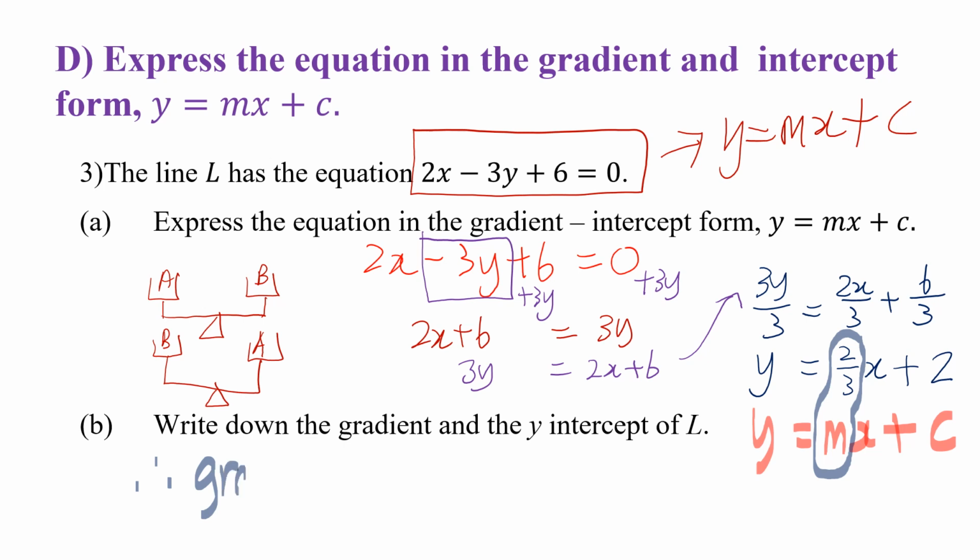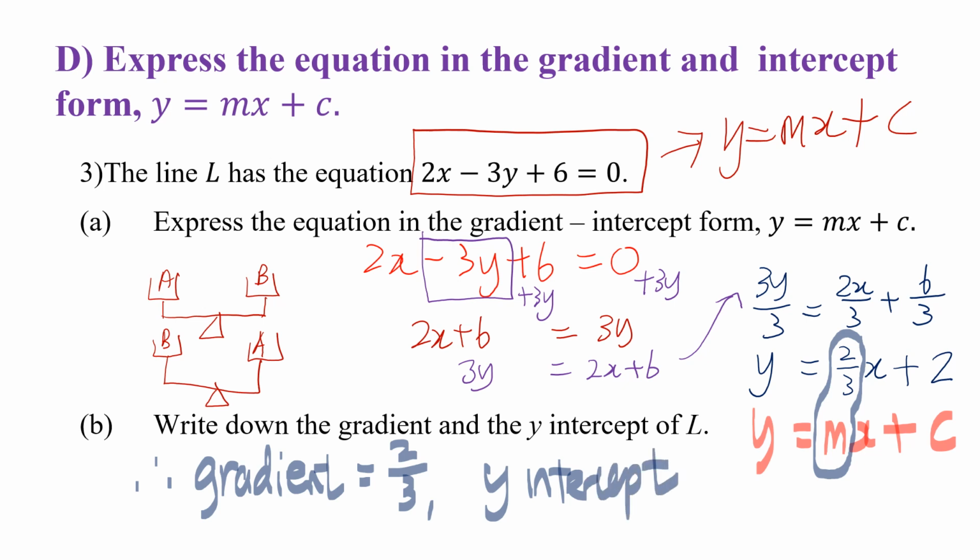If you can reach the therefore, you're almost there already. So therefore gradient is 2/3. Then the y-intercept value, which is the value of c, is this blue color 2. Okay, that's how you do it.